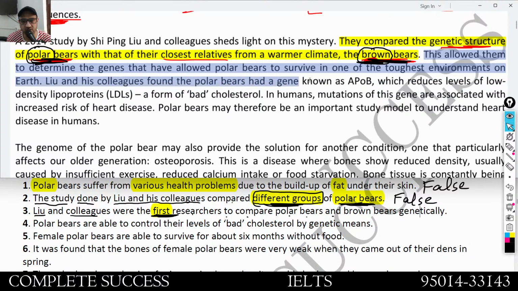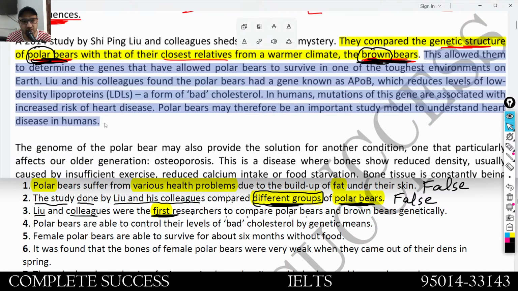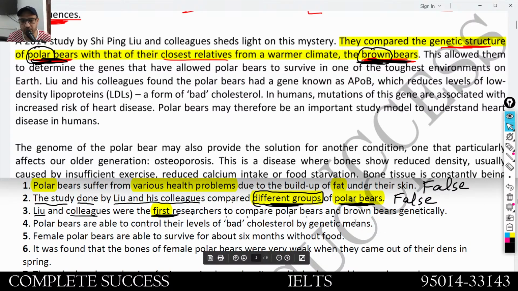So Lee and colleagues found bears have genes. Nothing here confirms that they were the first researchers. So they could be the first researchers or they could not be. On that basis, we would simply say the answer is not given. We can't say to be specific that they were the first researchers. So the answer should be not given.